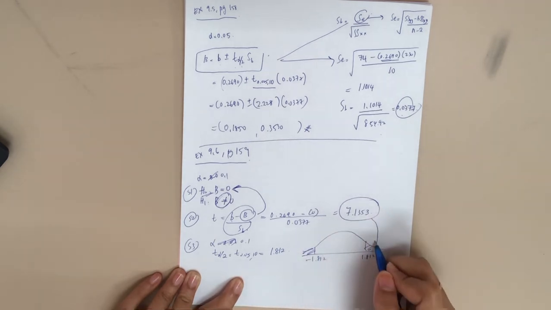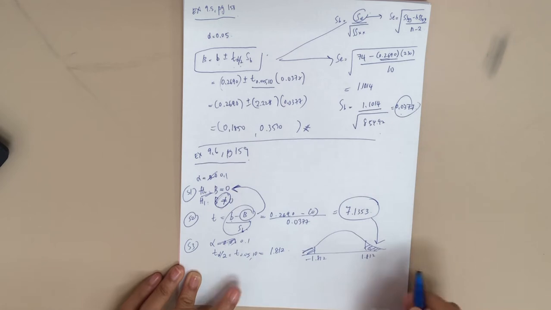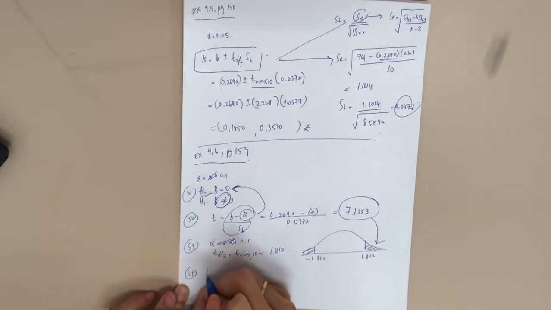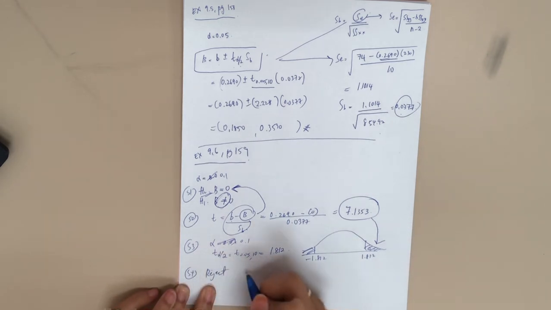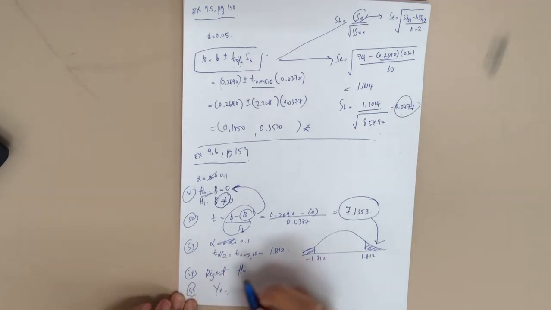So 7.13 is somewhere here, so it lies in the rejection region, class. Therefore we will reject H0. So what can we conclude? What's the sentence just now? Can you conclude that B is different from 0?